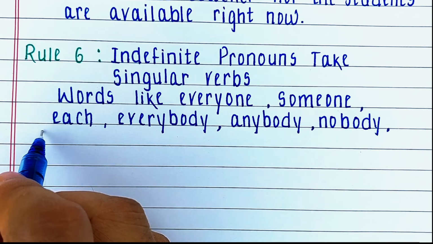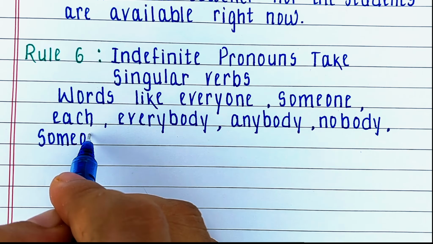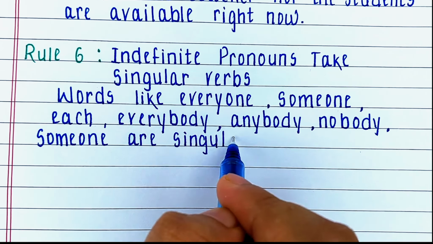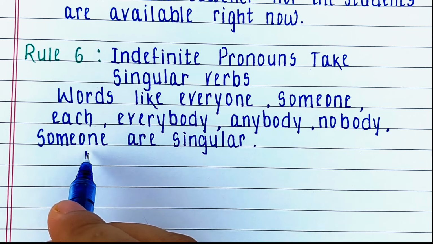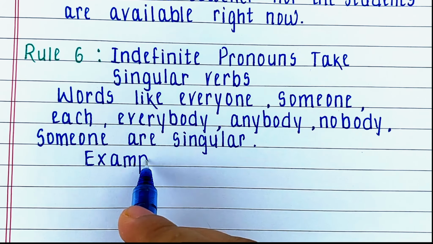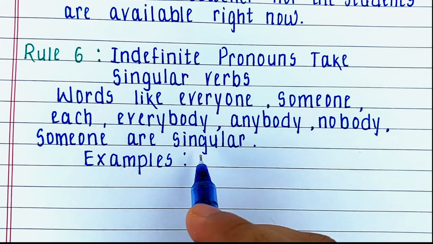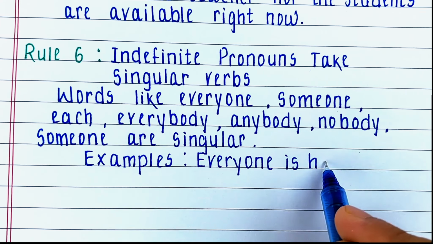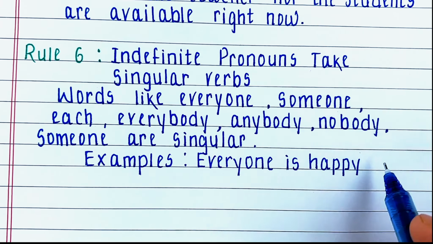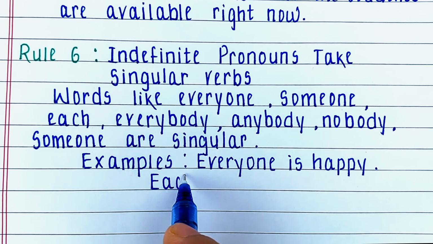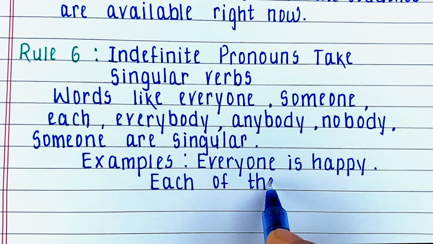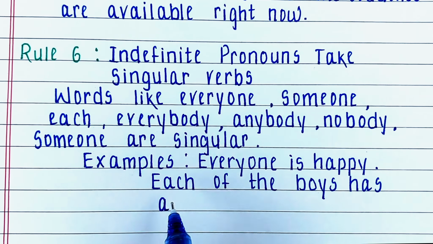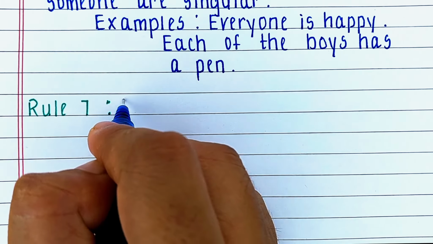Words like everyone, someone, each, everybody, anybody, nobody are singular. For example, everyone is happy. Next example, each of the boys has a pen.